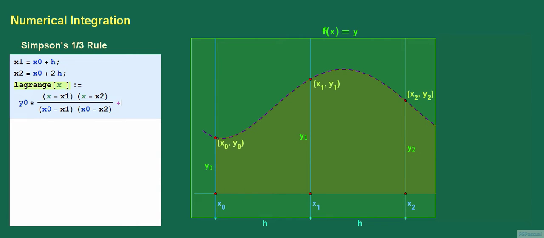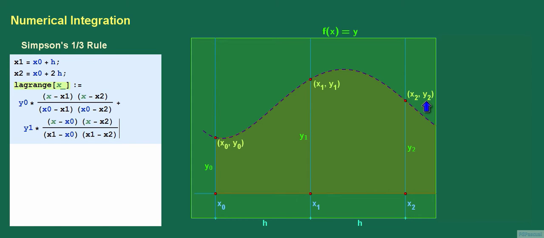For the next term, we have y sub 1 from the second point, multiplied by a fraction whose numerator is x minus x sub 0 times x minus x sub 2. The denominator is x sub 1 minus x sub 0 times x sub 1 minus x sub 2.